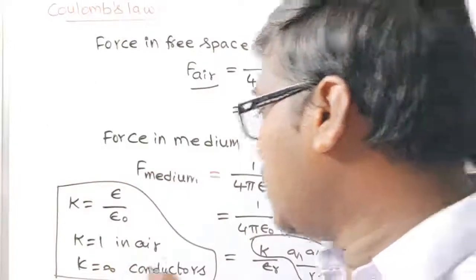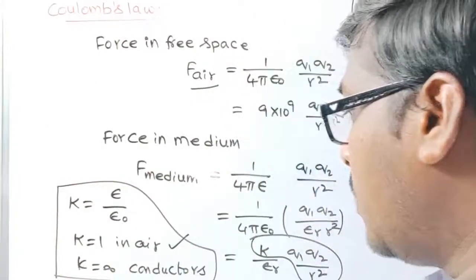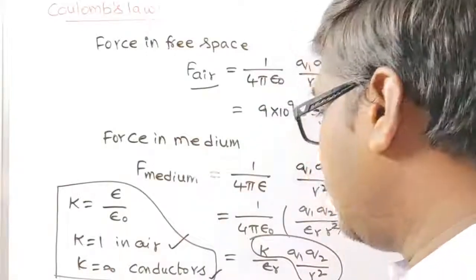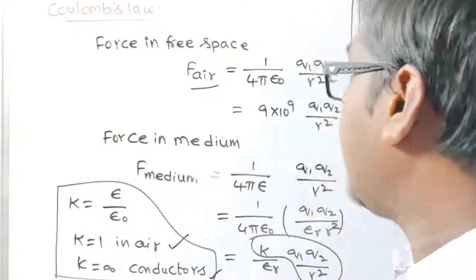The k is equal to 1 in air. The k is equal to infinity in conductors.